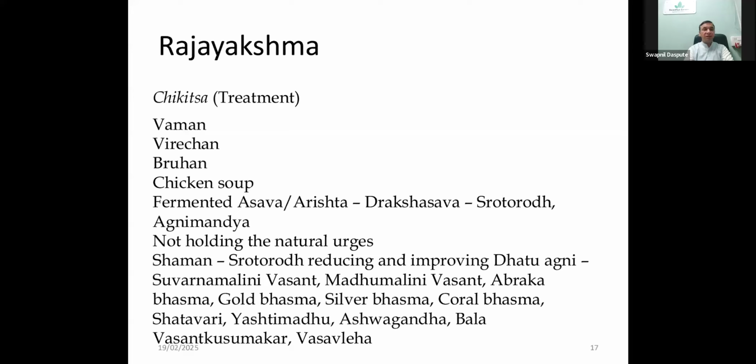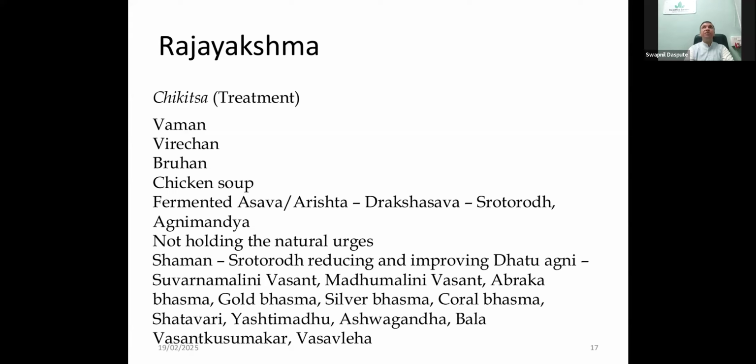Vasanta Kusumakar again is a preparation which has gold bhasma in it. Vasavaleha: Vasa is Adathoda vasica, one of the herbs. A marmalade prepared out of Vasa is good for the respiratory tract. Vasa is very good for the respiratory tract.